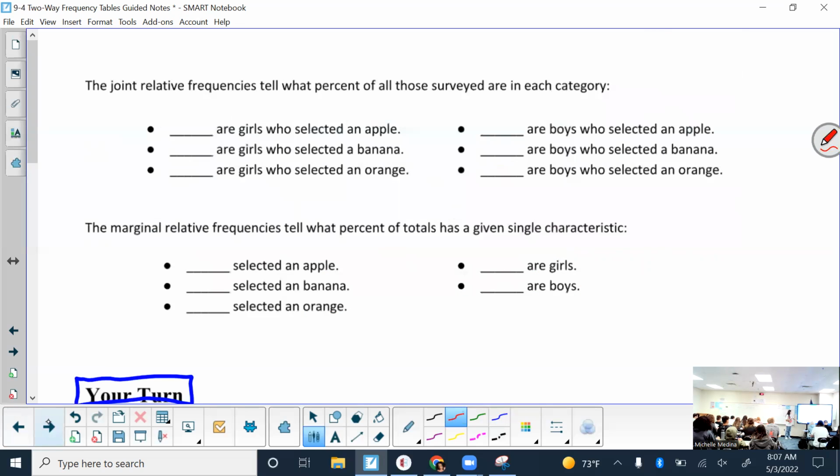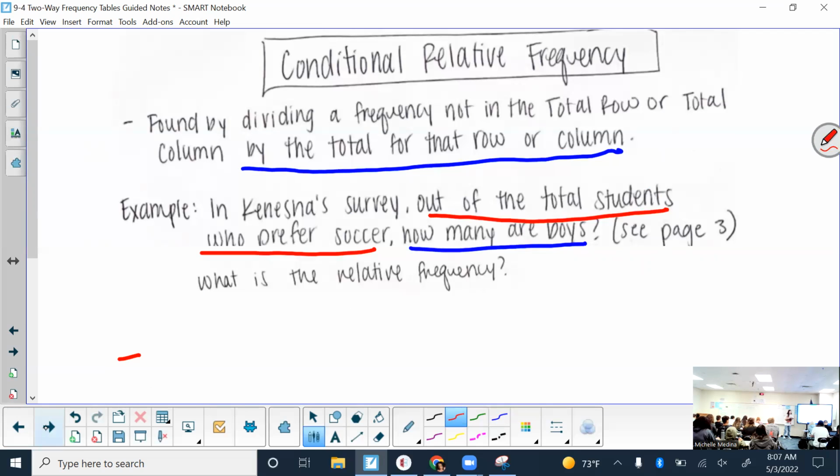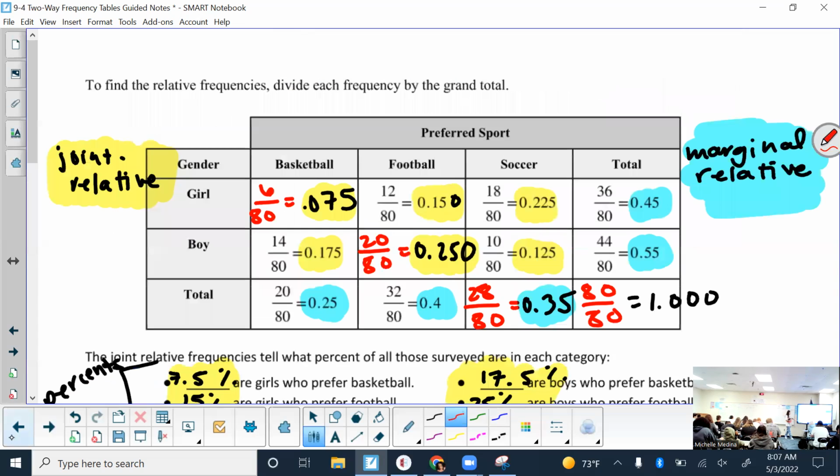So that's going to be my numerator or denominator? The denominator. Because it's out of the total students that prefer soccer. How many of those students are boys? 10. 10 of them were boys.